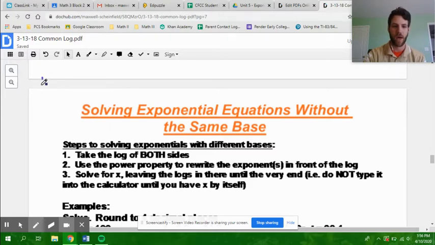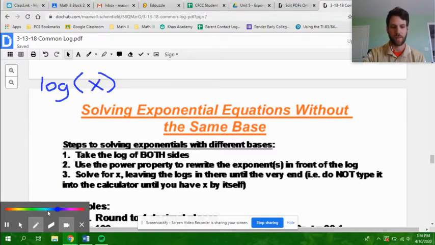Remember that common logarithms will just be log of an input of some kind, but the base of those logarithms is going to default to 10. So that's a very important point to keep in mind.